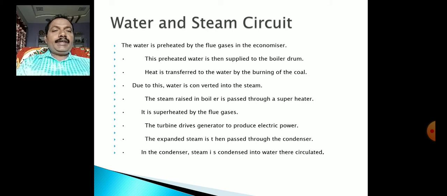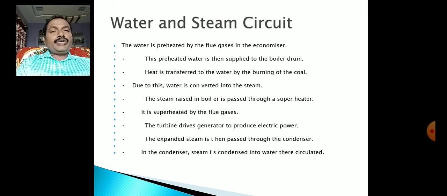Heat is transferred to the water by the burning of the coal, and due to this, water is converted into steam. So the furnace will burn the coal and heat is produced, and this heat will boil the water, and after the boiling level comes, the steam is produced.